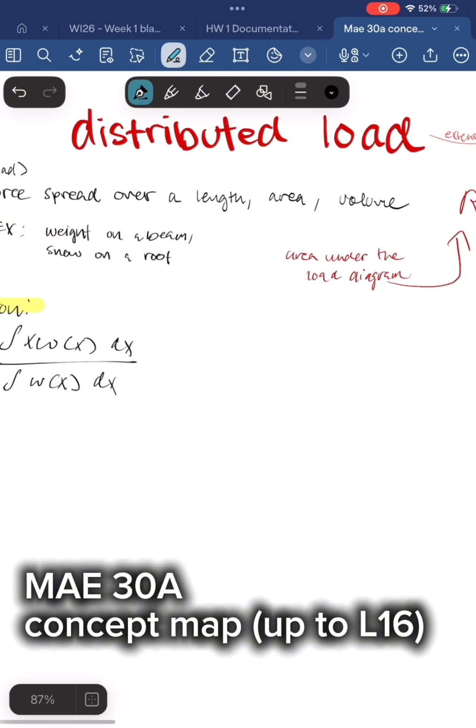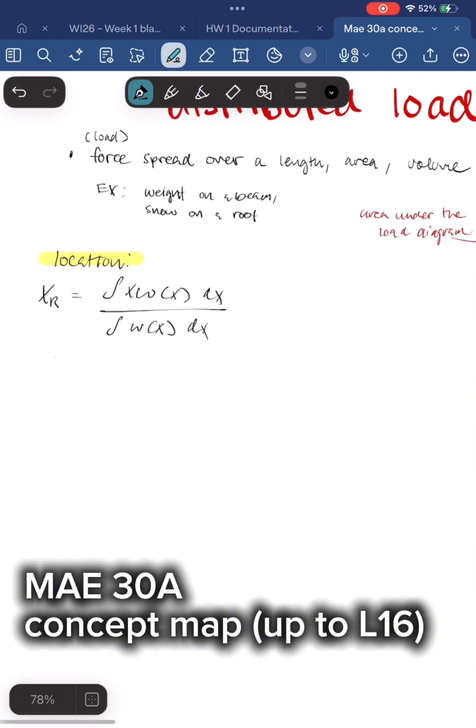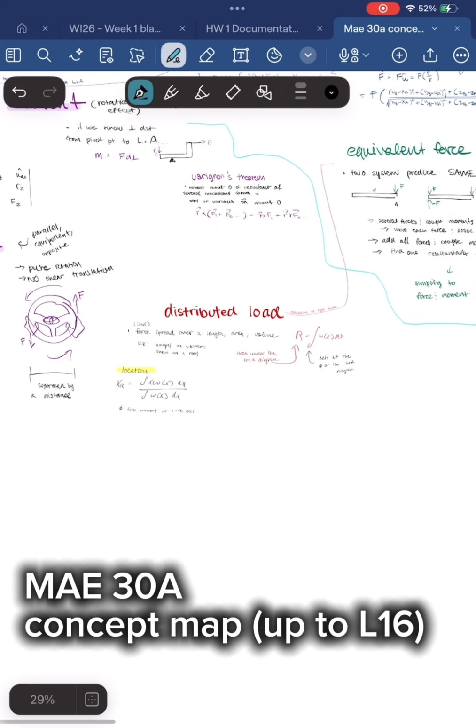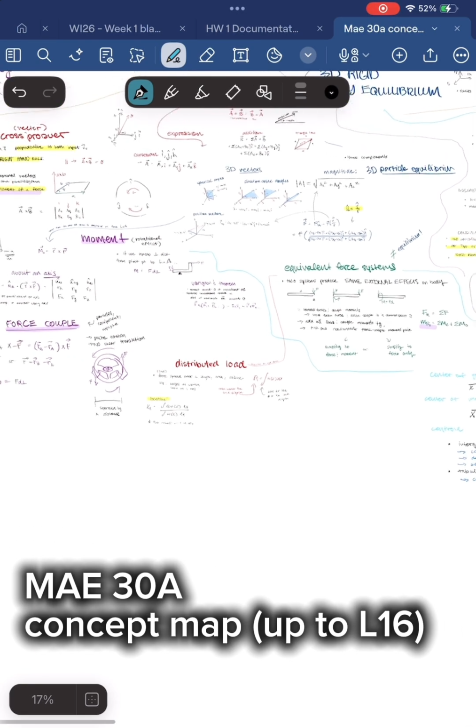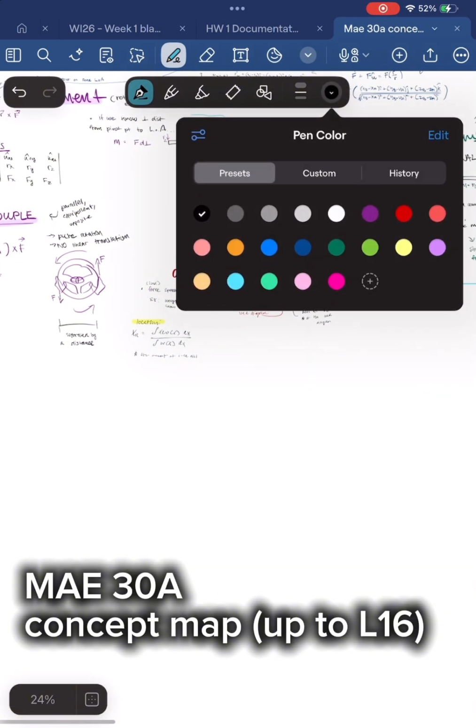And this can be interpreted as the first moment of the load distribution. We'll notice this is the same structure as our centroid equations, which is why I put them close together.